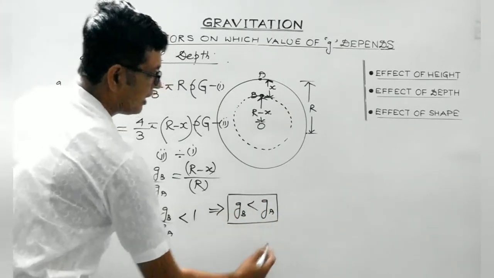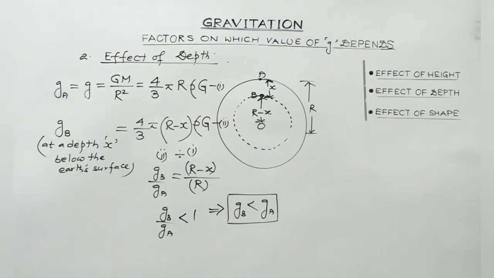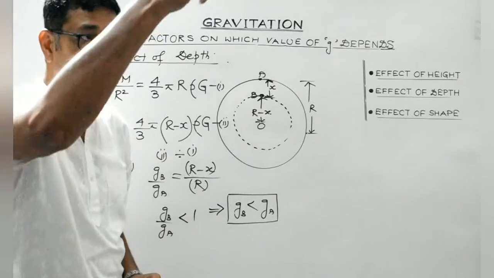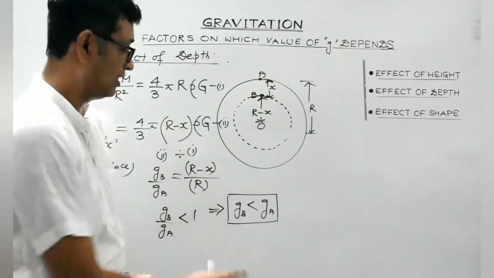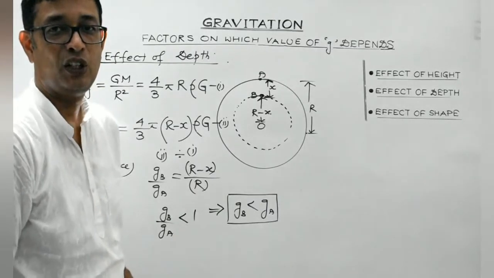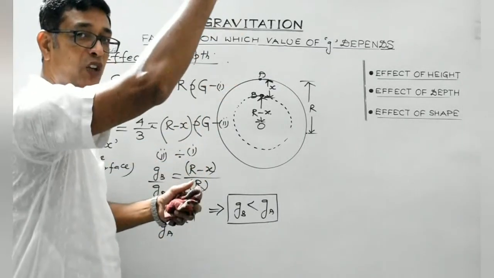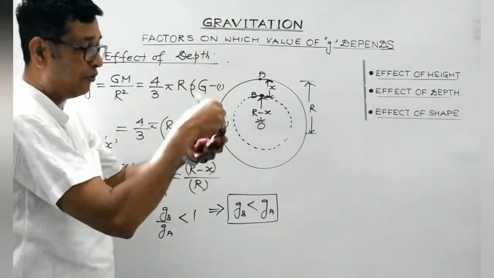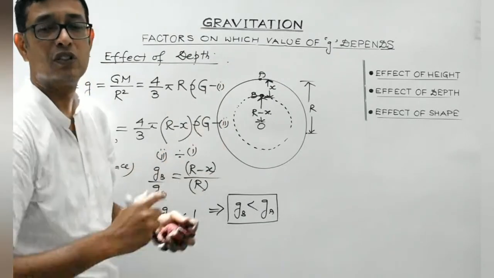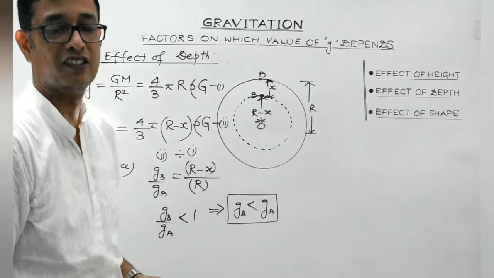So students, again a very very important conclusion, that with the increase in the depth, the value of acceleration due to gravity decreases. So with the increase in the height, the value of acceleration due to gravity decreases. With the increase in the depth also, the value of acceleration due to gravity decreases.